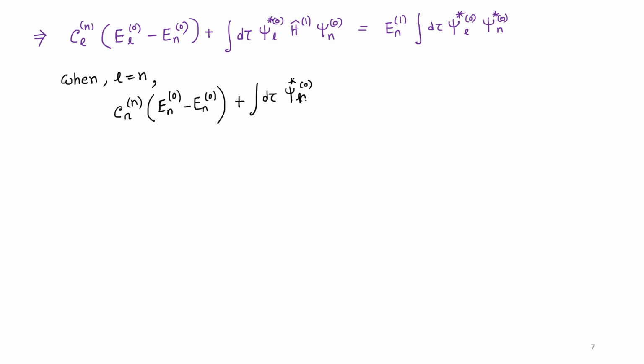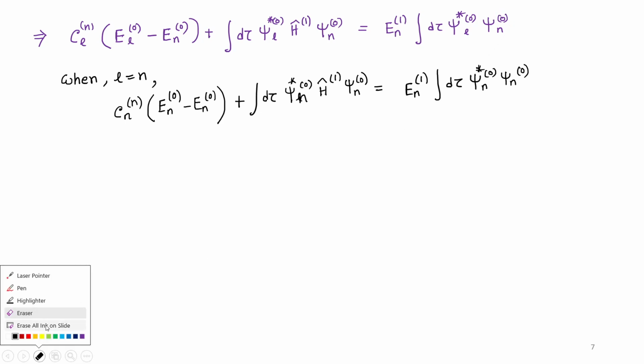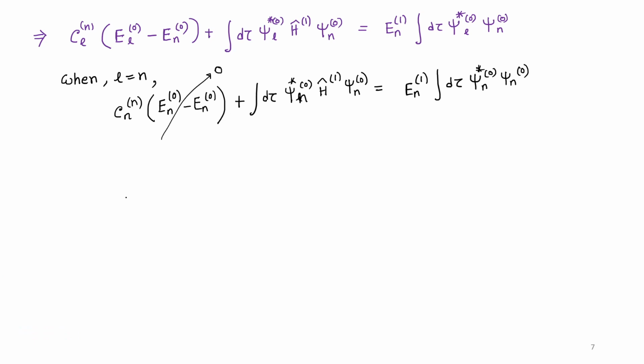So this is now n. ∫dτ ψn* ψn⁰. Okay, so this is going to be 0.